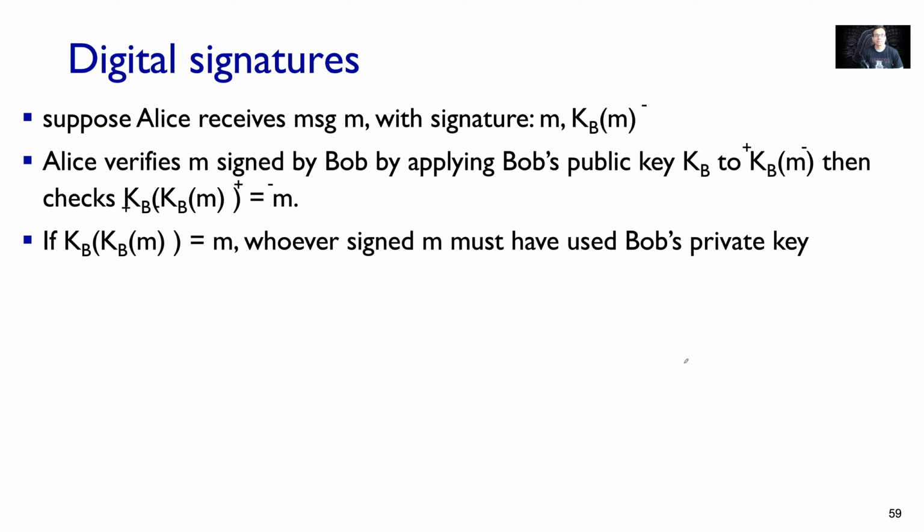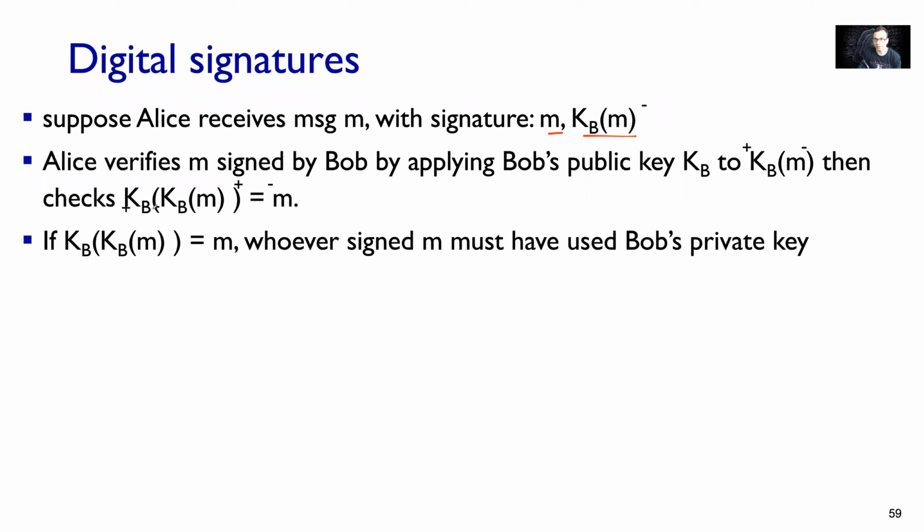So when someone receives this, say Alice receives this message, which contains the actual message in plain text and the signature, now Alice can take Bob's public key, because this is being sent by Bob. So Alice can go and ask for Bob's public key, get Bob's public key, apply it to this signature.